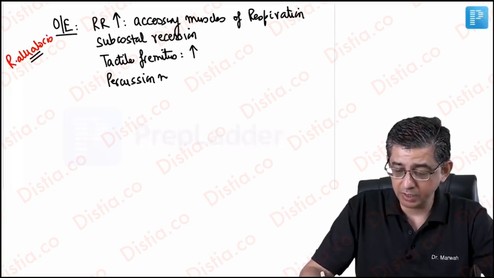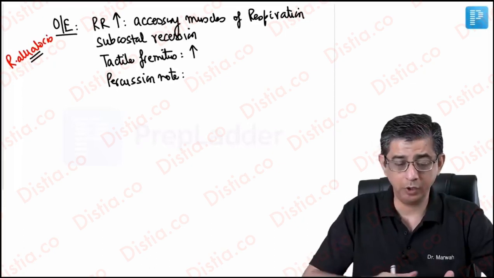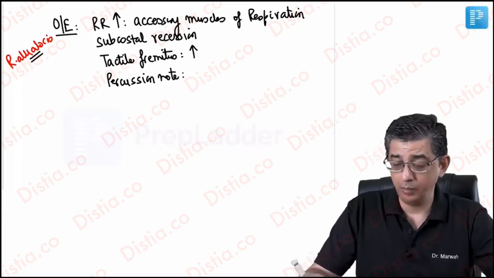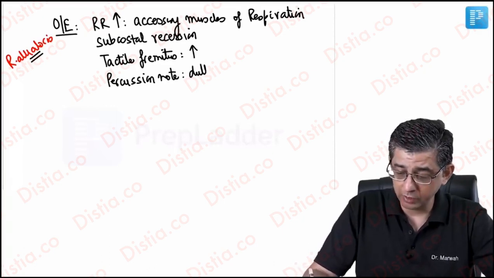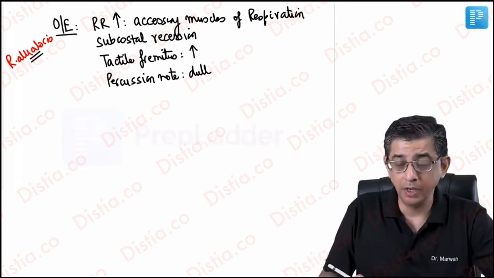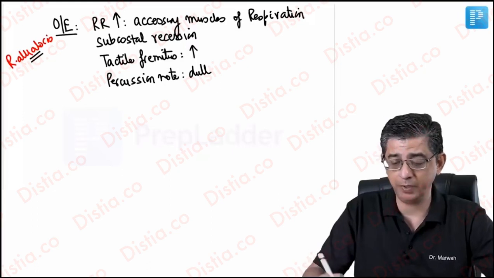In fact, it might be stony dull if there is a para-pneumonic effusion, because sometimes there could be a combination of pneumonia plus a pleural effusion that can translate into empyema. But if you read the words stony dull in a pneumonia patient, you have to think in terms of a para-pneumonic effusion.